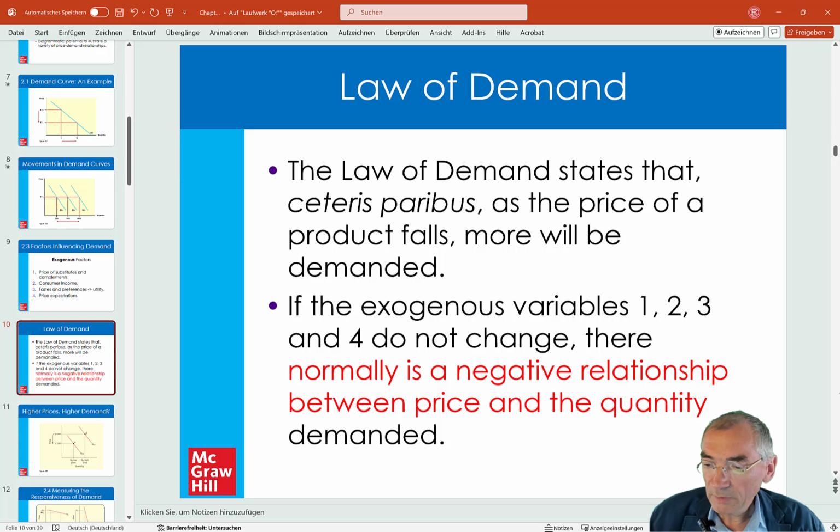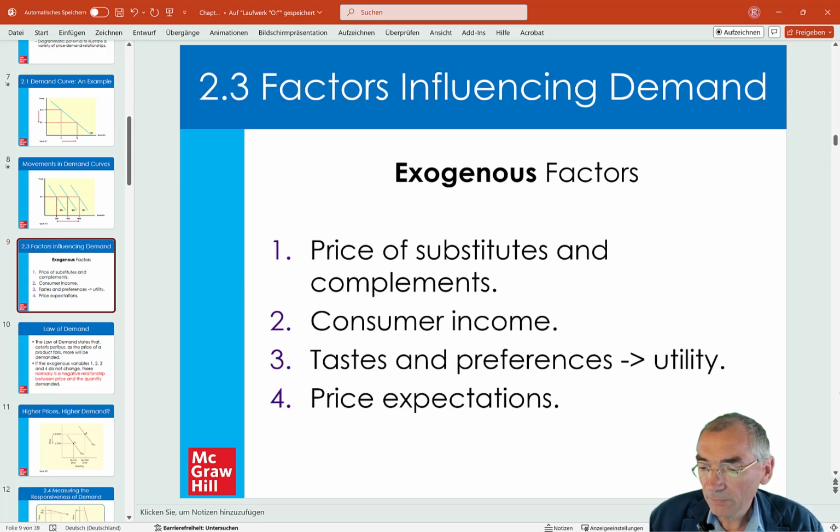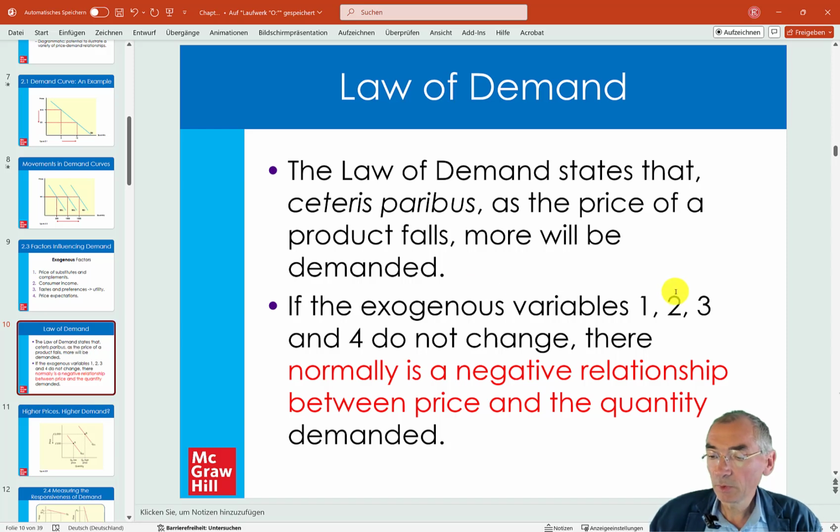We came from this definition of the law of demand. We also have a definition of the exogenous factors: price of substitutes and complements, the income, tastes and preferences, and there might be more. One example is price expectations, and they are numbered here 1, 2, 3, 4. So that's also where the 1, 2, 3, 4 here comes from.